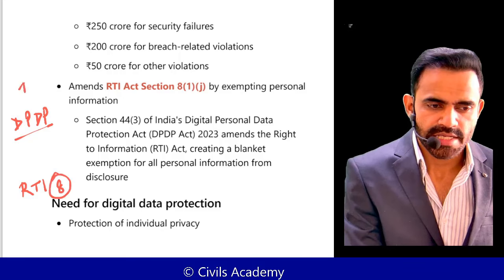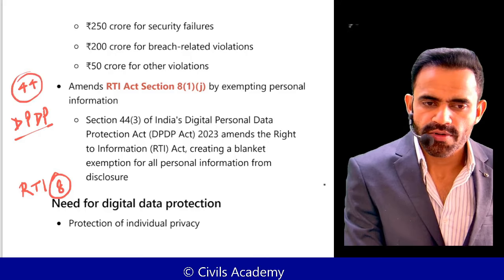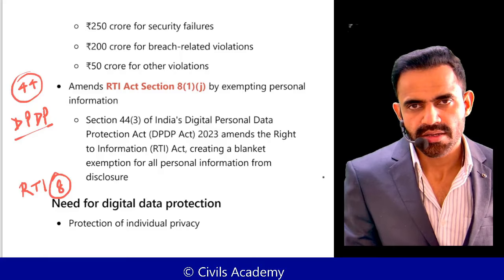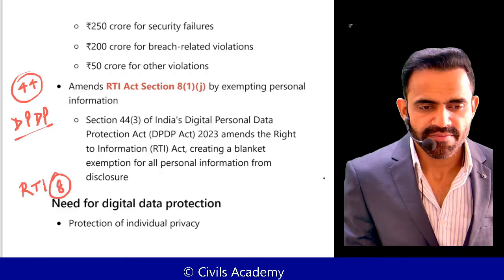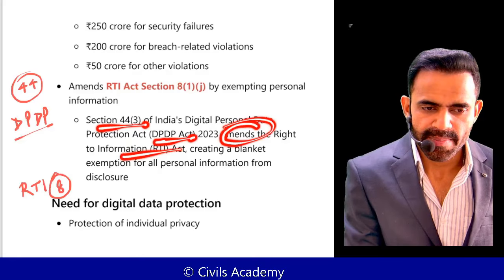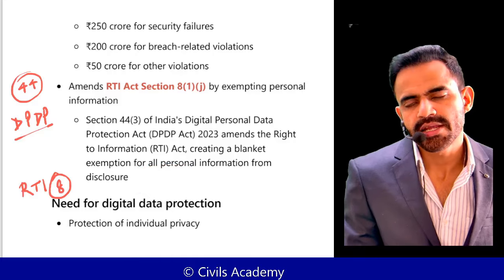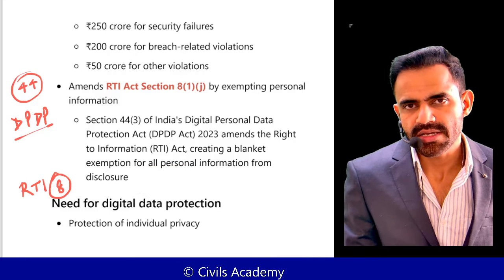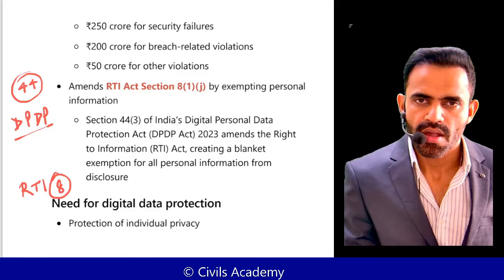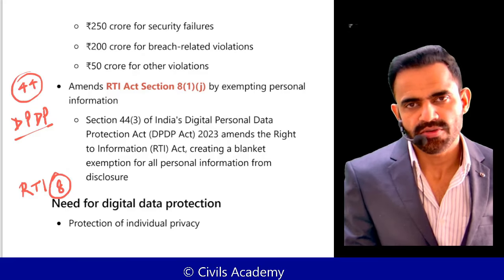But section 44 of DPDP says that it cannot be done because it will violate privacy. In a very simple sense, section 44 of DPDP amends the RTI, and now there is an exemption for all personal information. Now let me simplify. Take a government official. How much is the property of that government official?